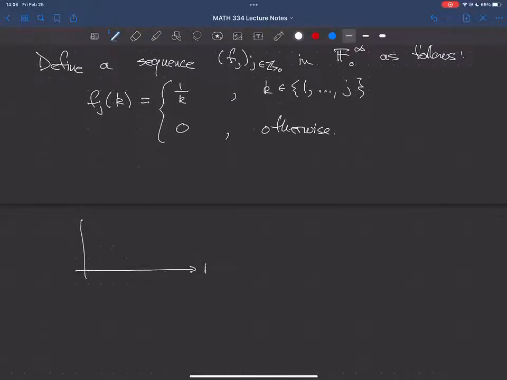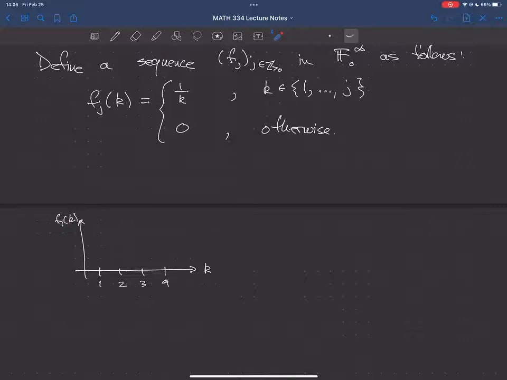Okay, so here's k out here. So here's k equals 1, 2, 3, 4, and so on. And let's graph f1 of k. So what's the definition? This k is going 1, 2, 3, 4, and I'm fixing j to be 1.